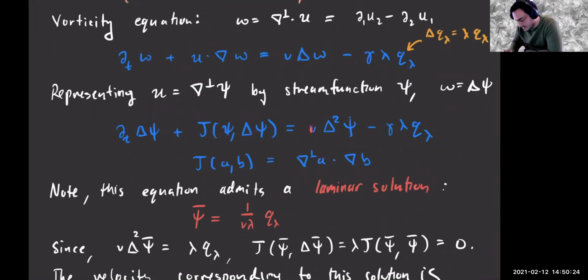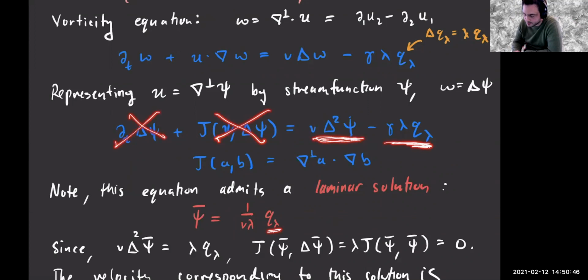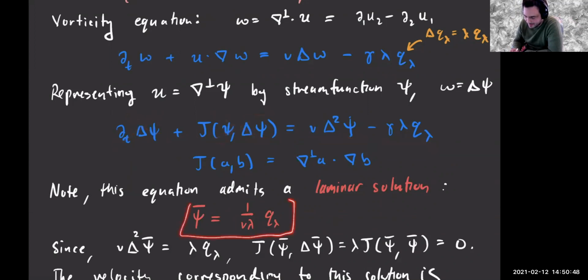Also, an eigenfunction of the Laplacian plays well with this dissipative operator, because you just apply the Laplacian twice. And if it's time independent, this is dead. So in particular, if you just scale correctly the eigenfunction of the Laplacian, the same one as the force, then this dissipation actually directly balances the force, and there's no contribution from the nonlinearity or the time derivative. So this is a laminar solution, a laminar steady state of the fluid. And we'll see why it's called laminar in a second.